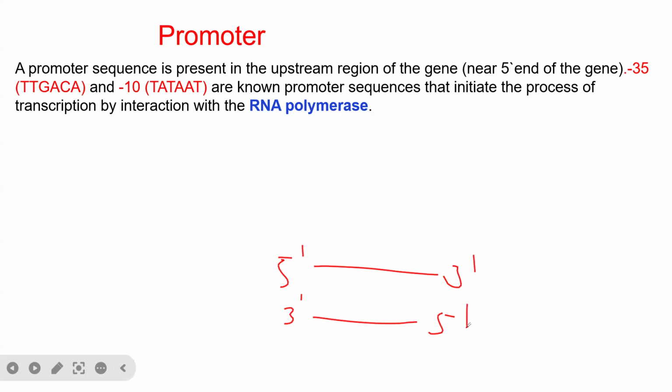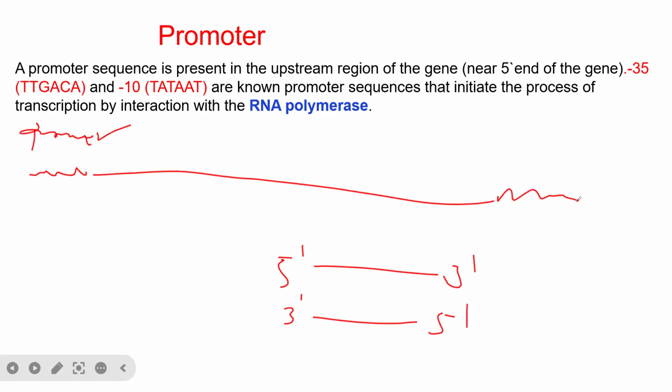Let's say this is the DNA. You may have your promoter here, which you call the upstream region. And here you can call it the terminator, which is the downstream region.